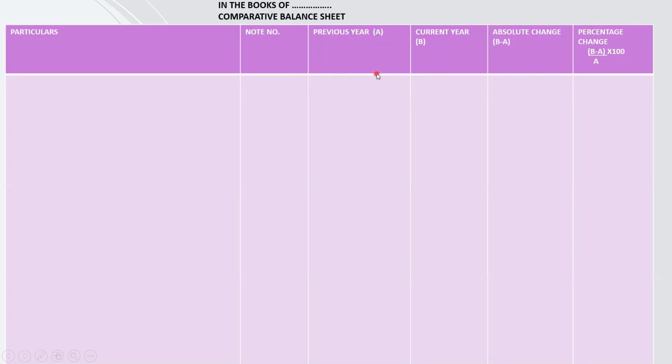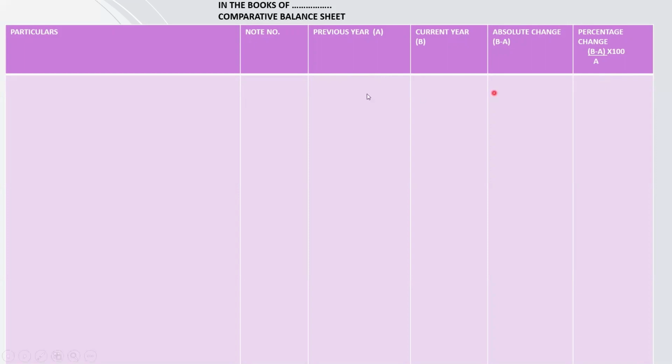Even if in the question we are given current year first, keep in mind that first you will write previous year, then current year. Then you have to calculate absolute change, which is the difference of current year and previous year. When you divide this absolute change by the base year, that is your previous year, and multiply with 100, you will get percentage change.